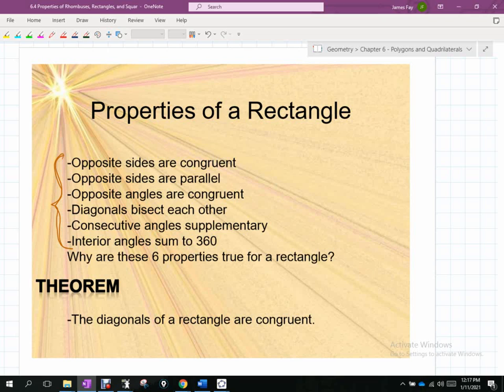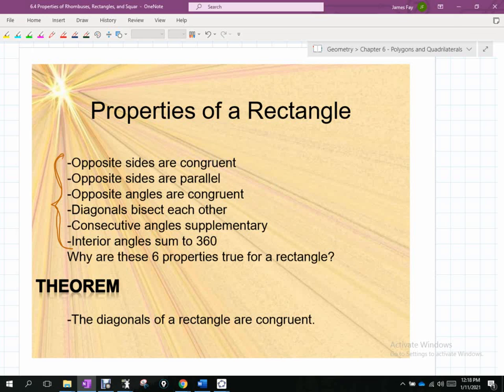Because those are the 6 properties that are true for a parallelogram, and you should have those written down in section 6.2, right? That makes sense? So every rectangle is a parallelogram, so every rectangle should take on the characteristics that are true for parallelograms: opposite sides congruent, opposite sides parallel, opposite angles congruent, diagonals bisect each other, consecutive angles supplementary, and the total interior angle sum is 360. Those 6 properties are true because a rectangle is a parallelogram.